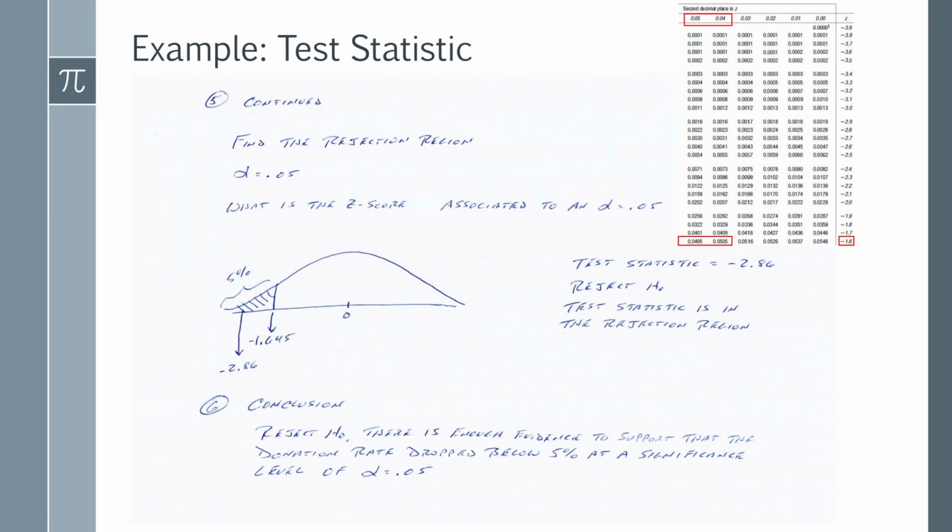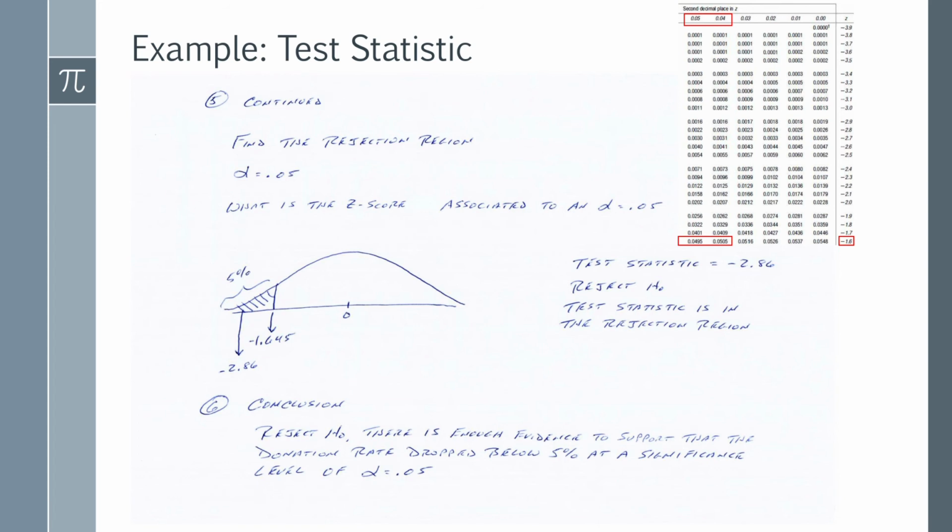Well, there is not a specific 0.05 in there, but there is a 0.0495 and a 0.0505. Well, 0.05 is in the middle of those two numbers. So that means our z-value is going to be in the middle of that as well.